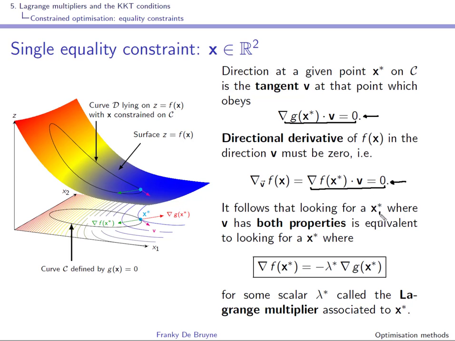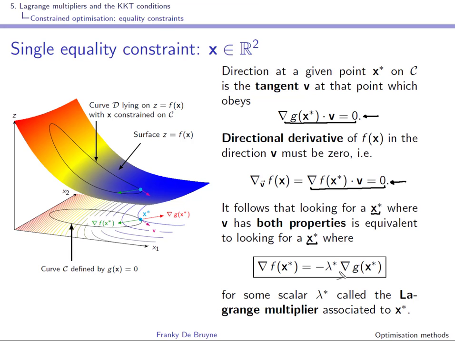So we're looking for an x star where V has both properties, and you can see that V is perpendicular to the gradient of g and V is perpendicular to the gradient of f, right? So this is equivalent to looking for an x star where the gradient of f is parallel to the gradient of g. So there will be in between those two a scalar, minus lambda star, and lambda star is called the Lagrange multiplier associated to x star.